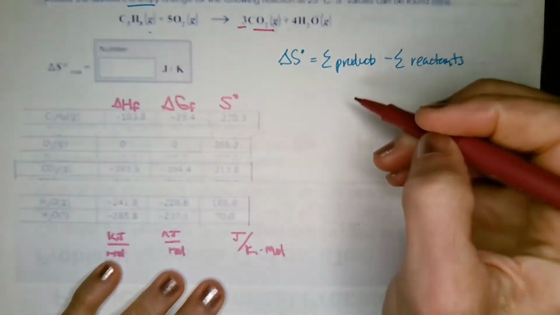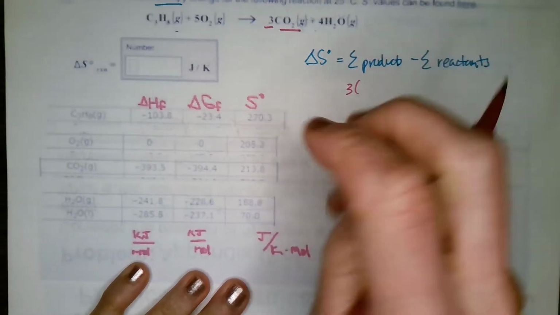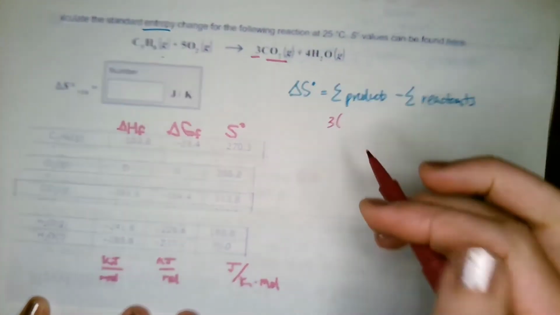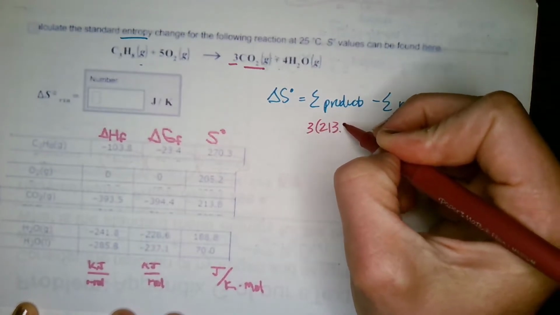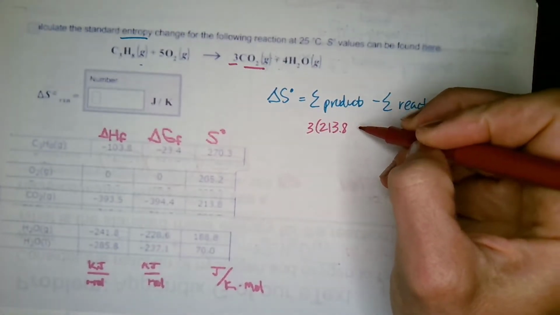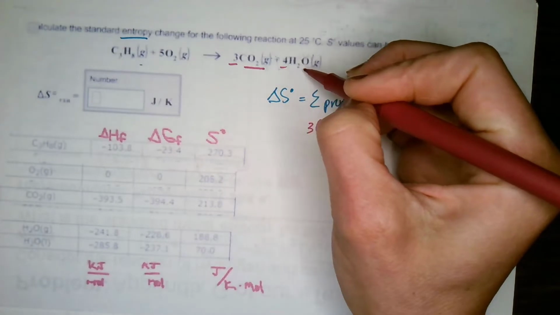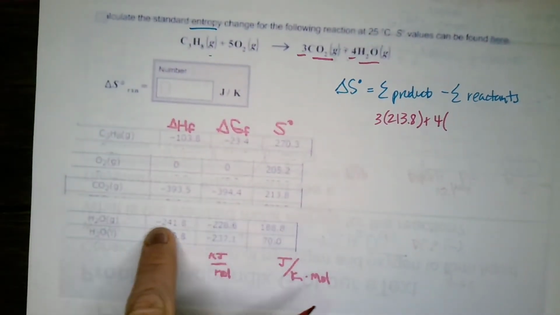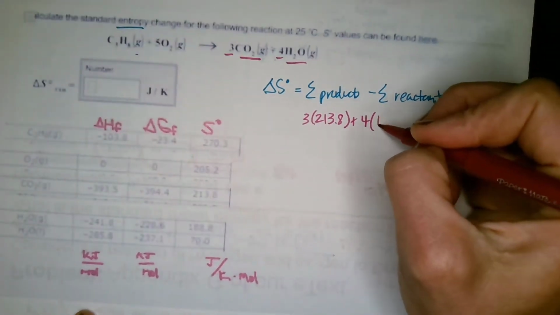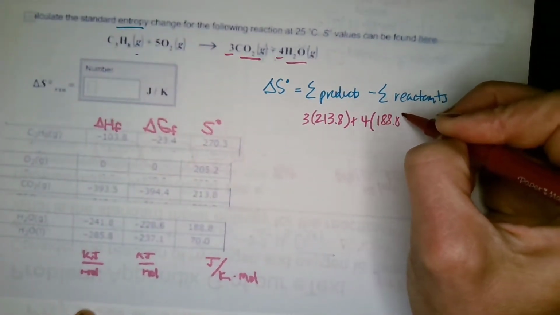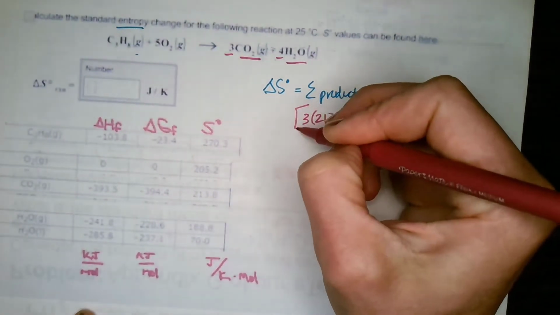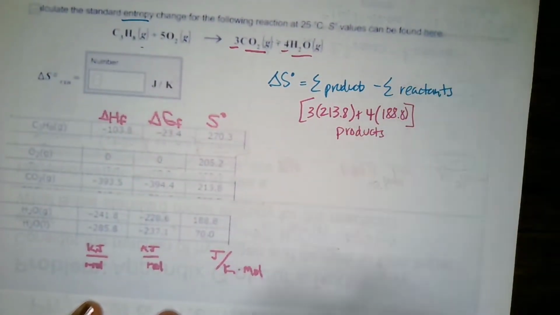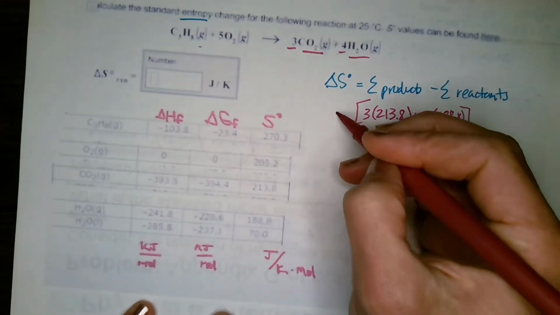So let's look at our products first. We've got 3 moles of CO2 gas, with entropy 213.8, and we have 4 moles of H2O gas, 188.8. These are my products.